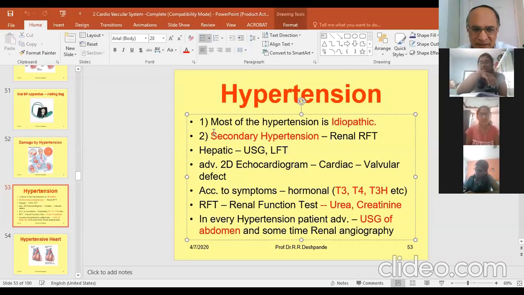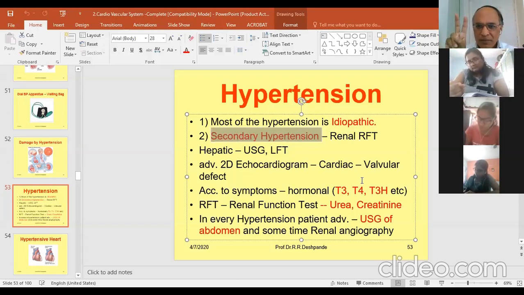Then only 10% or 5% cases are secondary hypertension. So two types of hypertension: primary, also called essential hypertension, and secondary hypertension.